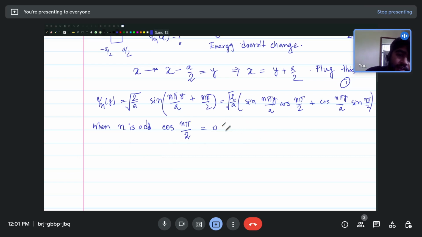I'll write that later, but let me write the other case: when n is even, sine n pi by 2 is actually 0. So these are the two conditions, and whether n is even or odd, only one of these terms survives.